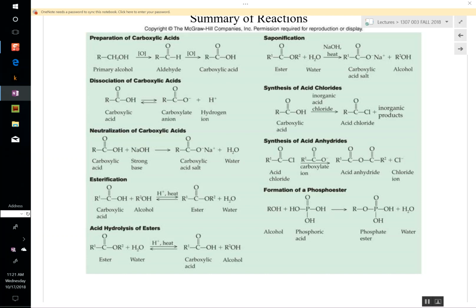The hydrolysis of an ester in an acidic environment, ester plus water forms a carboxylic acid plus an alcohol. Kind of glad these are right on top of each other because you can see this is the reverse of that. We've done all those reactions. Saponification. All right, let's fix this. So ester plus sodium hydroxide yields the sodium salt of the carboxylic acid and the alcohol.